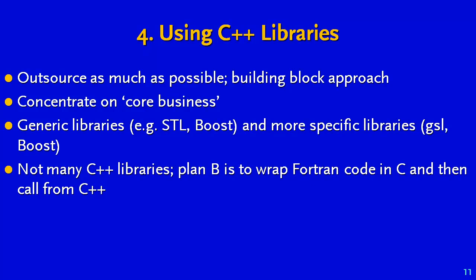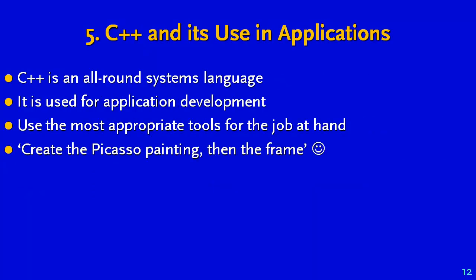Some companies do take this approach, but for you as a student it may not be relevant at this moment in time. If you can wrap Fortran code in C and C++ and call the libraries, I think you'll get a job. Okay, so C++ and its use in applications.